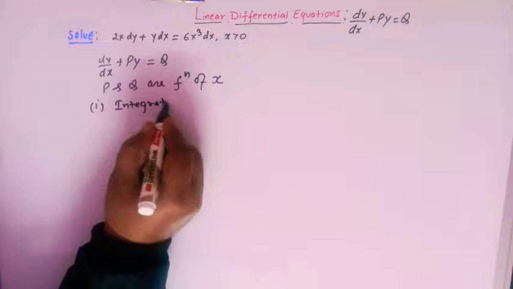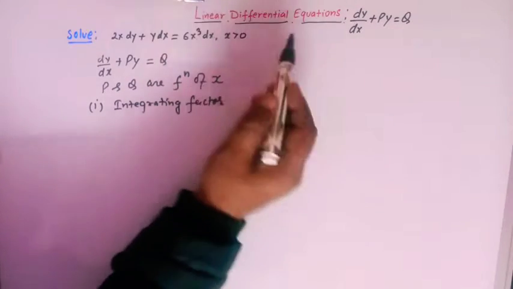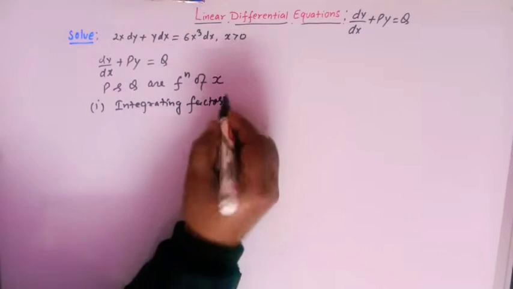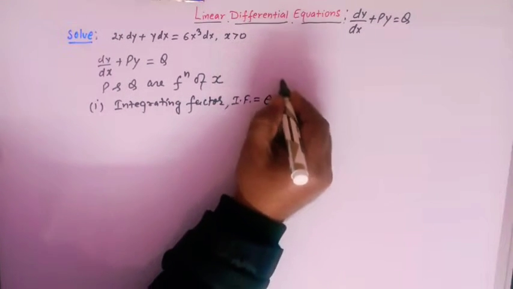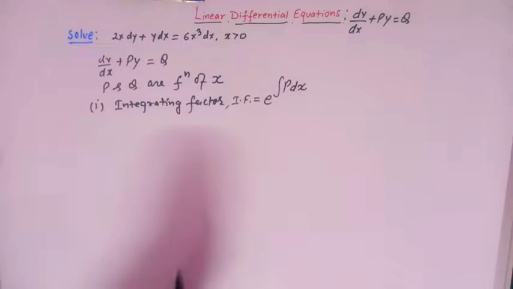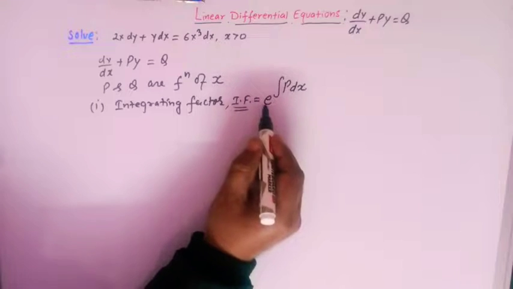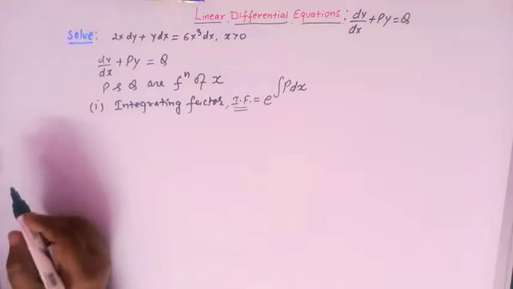The integrating factor of the linear differential equation of this type is given by e raised to integral of p dx. So this is the integrating factor of this type of linear differential equation.